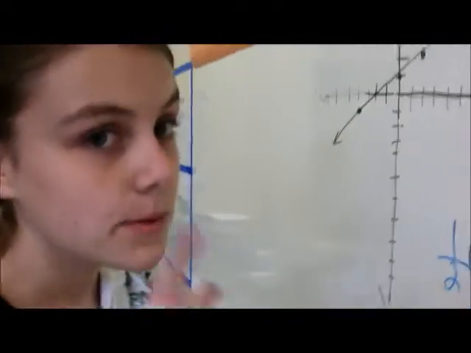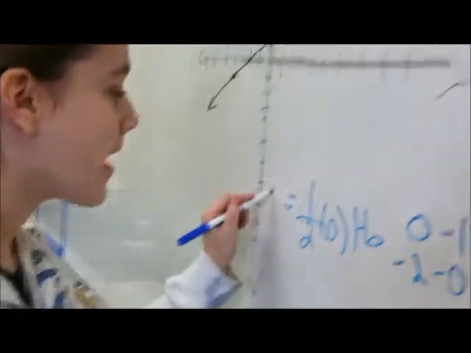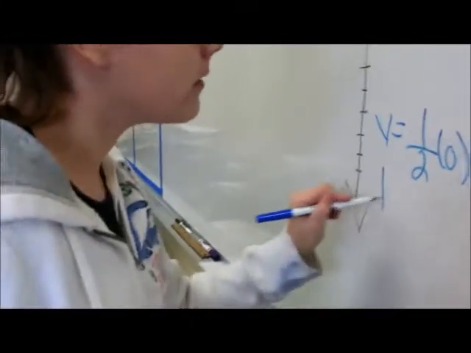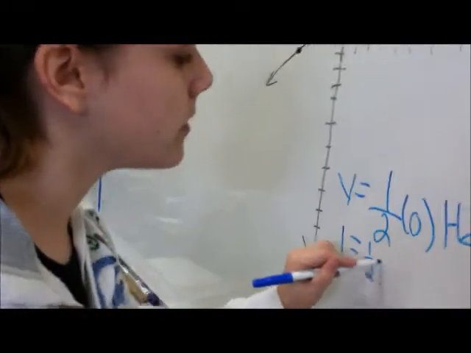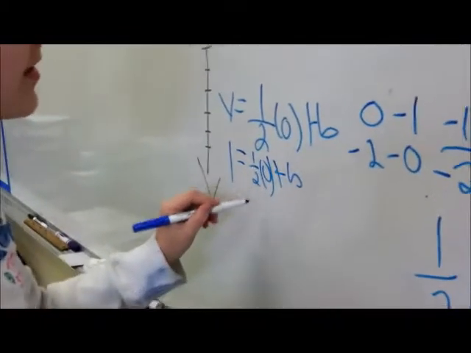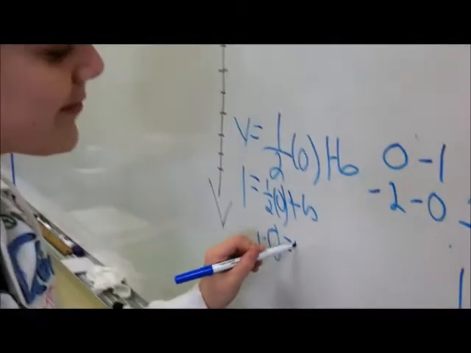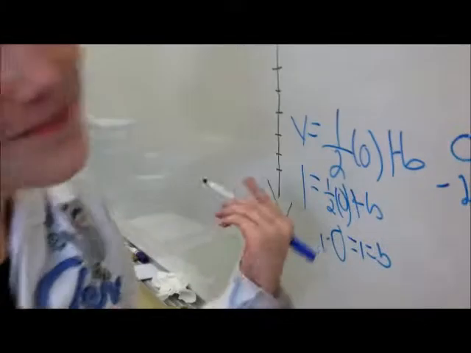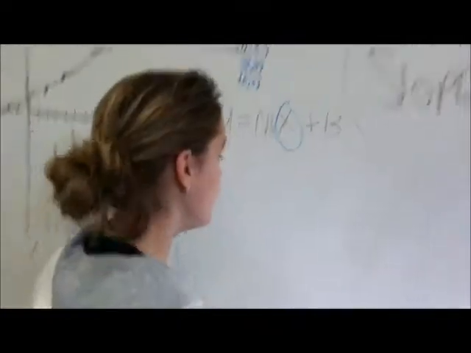We know what b is. And then we have our y, and we'll put 1 equals 1/2 of 0 plus b. That means 0 times 1/2 is 0. 1 minus 0 equals 1, so 1 equals b. Duh.